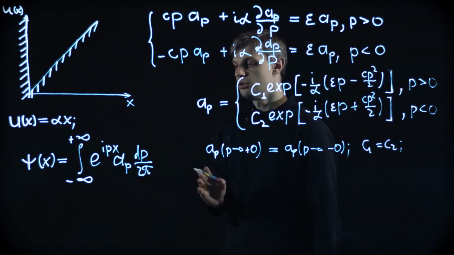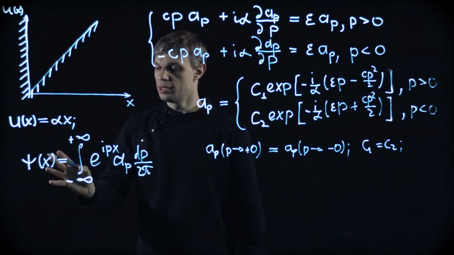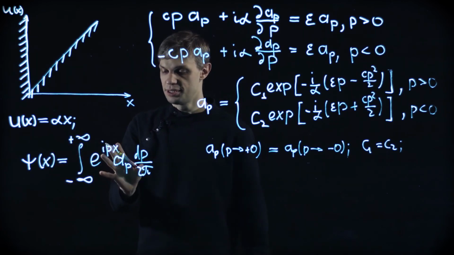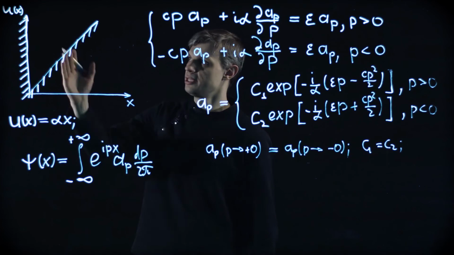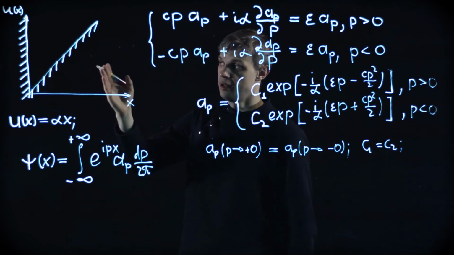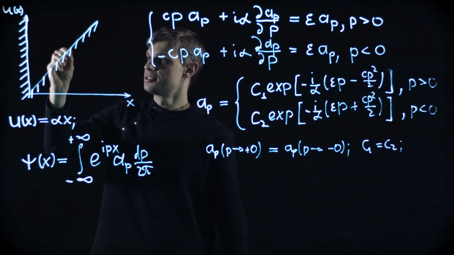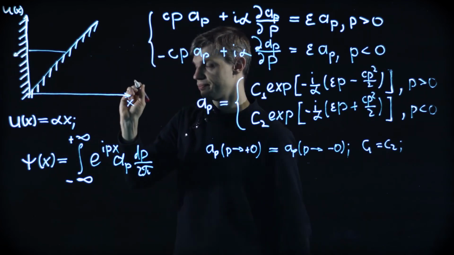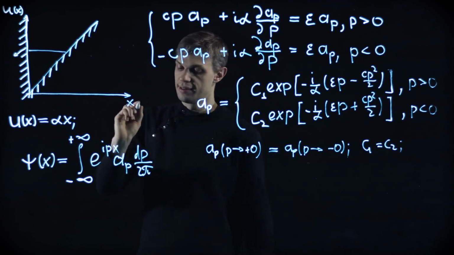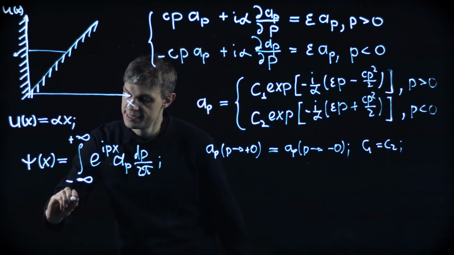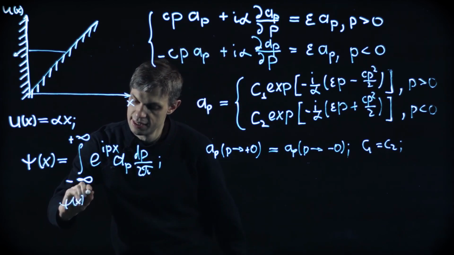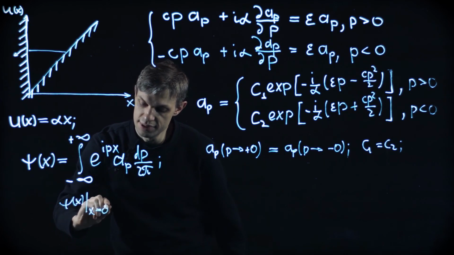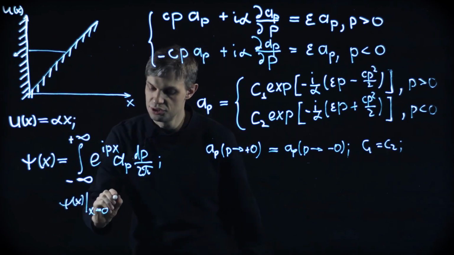Now we have this relation between the wave function in coordinate and momentum representation. We have an impenetrable wall here, and that means that the particle can't penetrate into this region. That entails that psi of x at x equal to 0, at this ground level, should vanish.